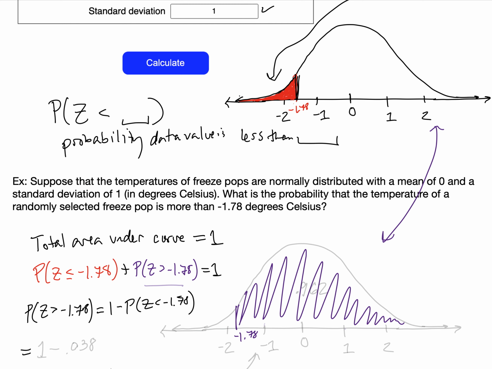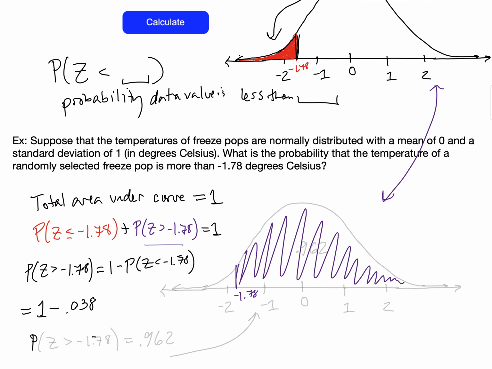And so we've calculated that. We found that the probability that z is less than negative 1.78 is 0.038, and we did that with our online computational device. So we just need to subtract.